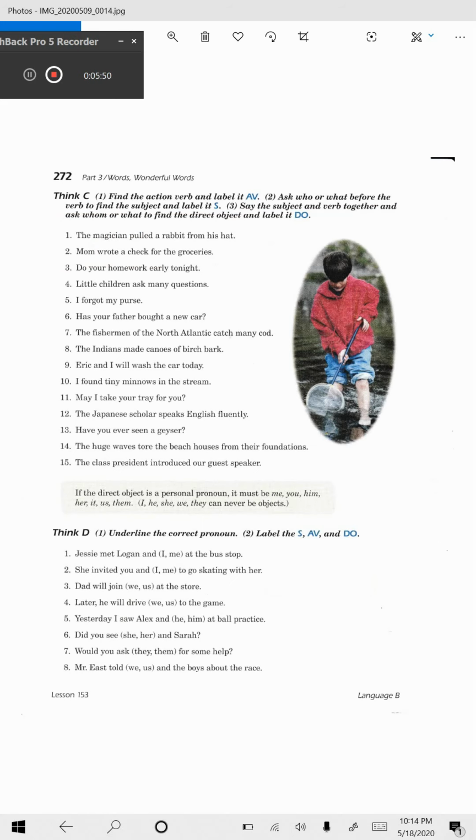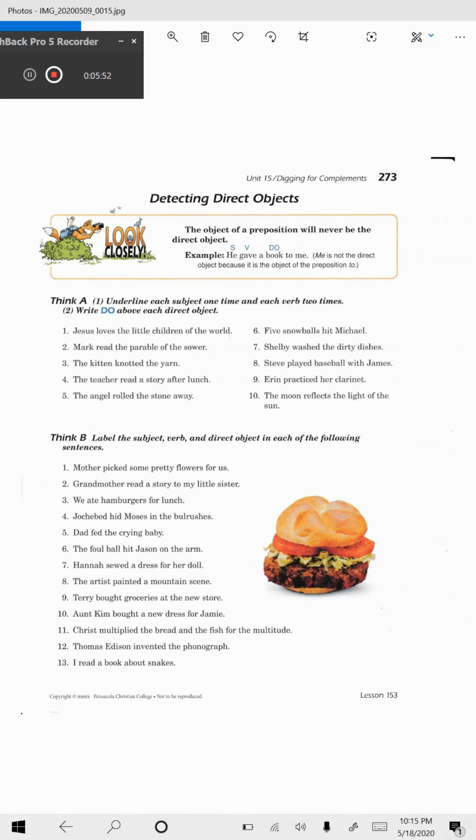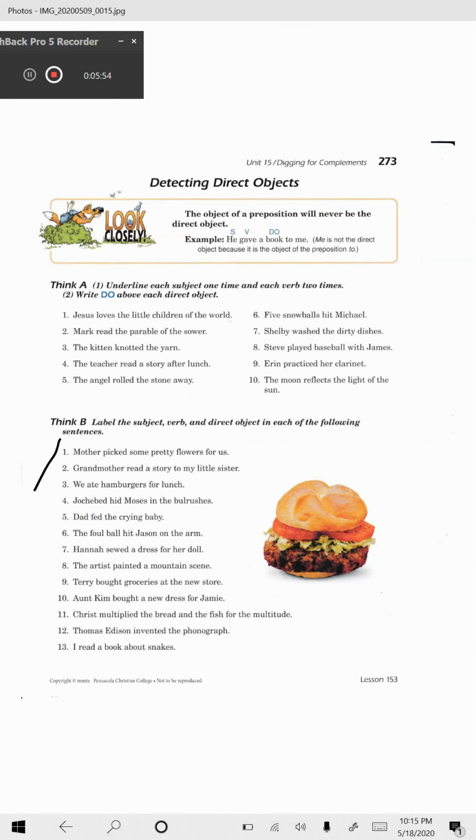You're labeling subjects, verbs, and direct objects. So don't forget, first, find the prepositional phrase. Second, find the verb. Third, find the subject. And then fourth, find the direct object. Stick with that order.